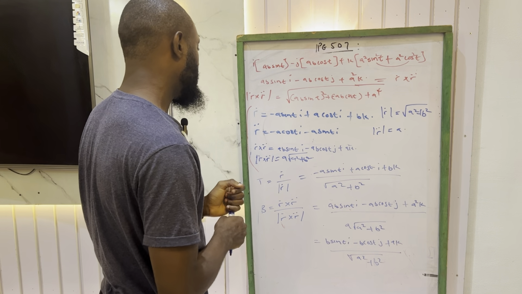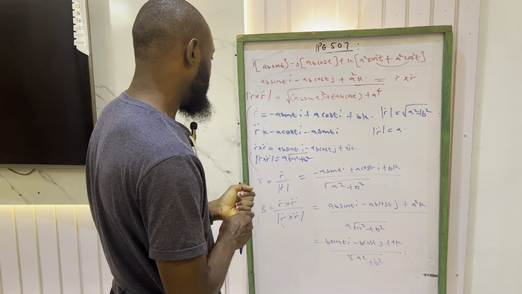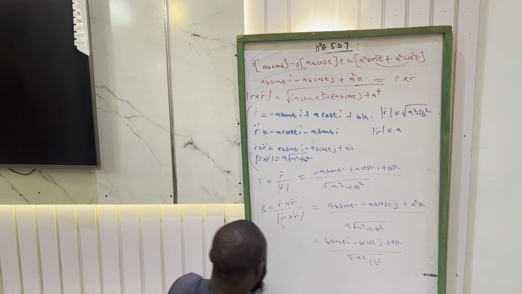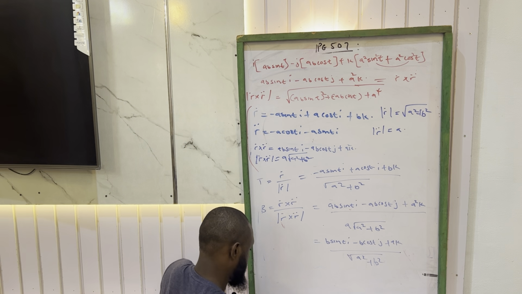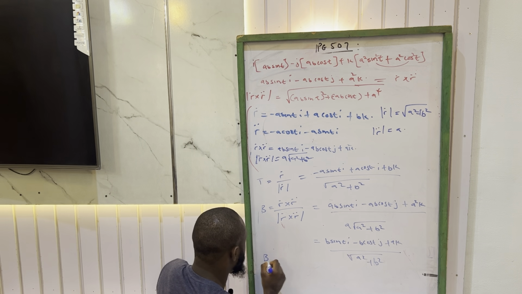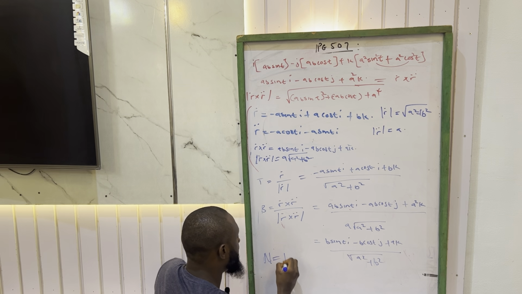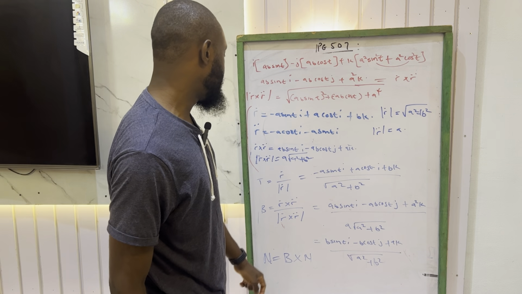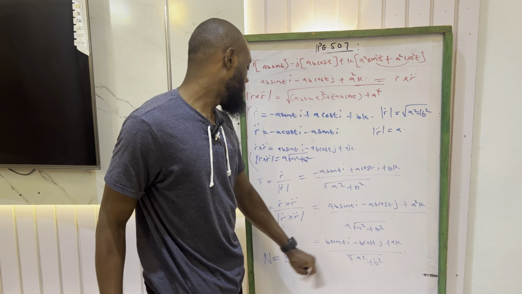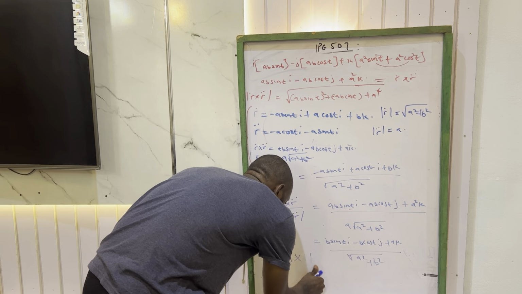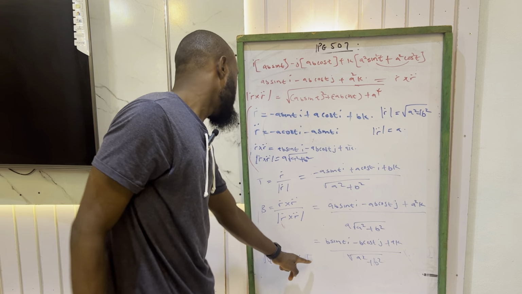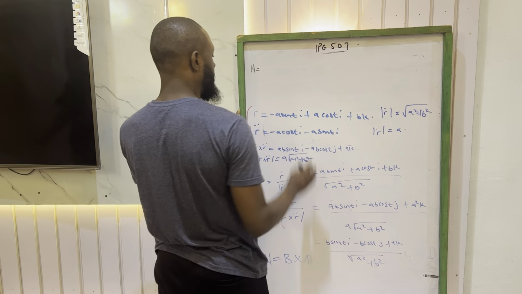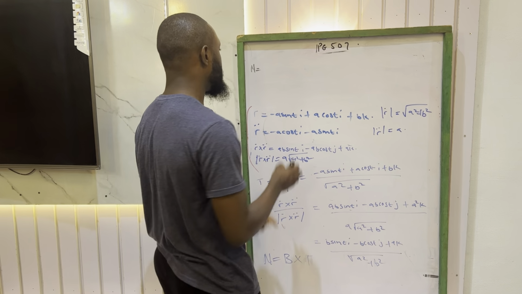So our normal is given by the cross product of the binormal, this is our binormal, and our tangent.